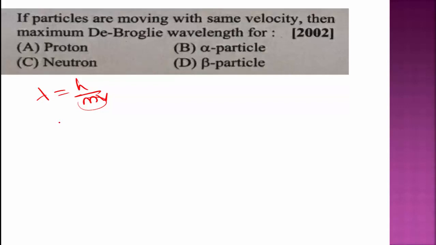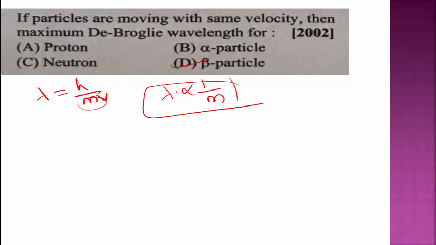In this case, the mass is minimum for the beta particle. Lambda is inversely proportional to its mass. If the mass is very less, the wavelength is very high. Option D is the right answer.